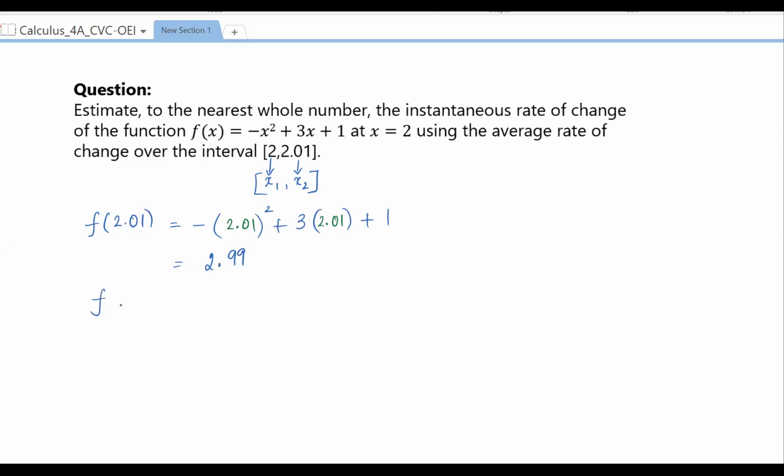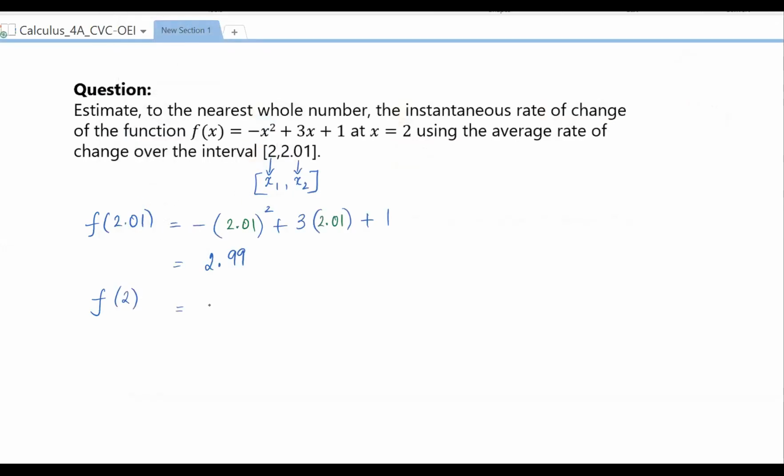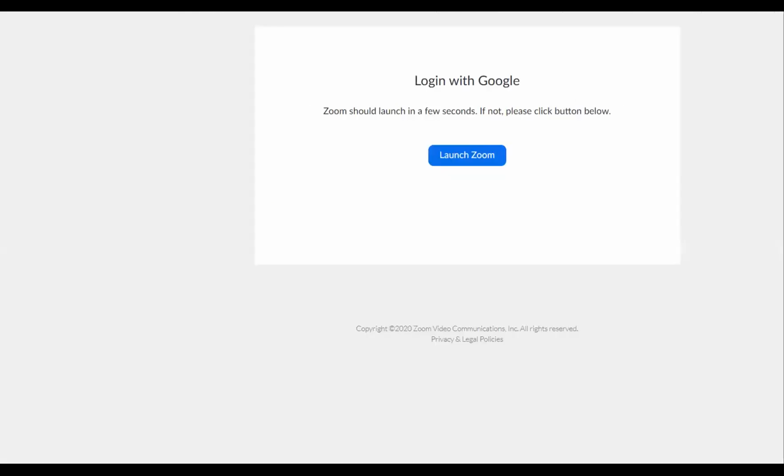Next, we find f of 2, which is x1, right? 2 is x1. Same function, plug in 2.